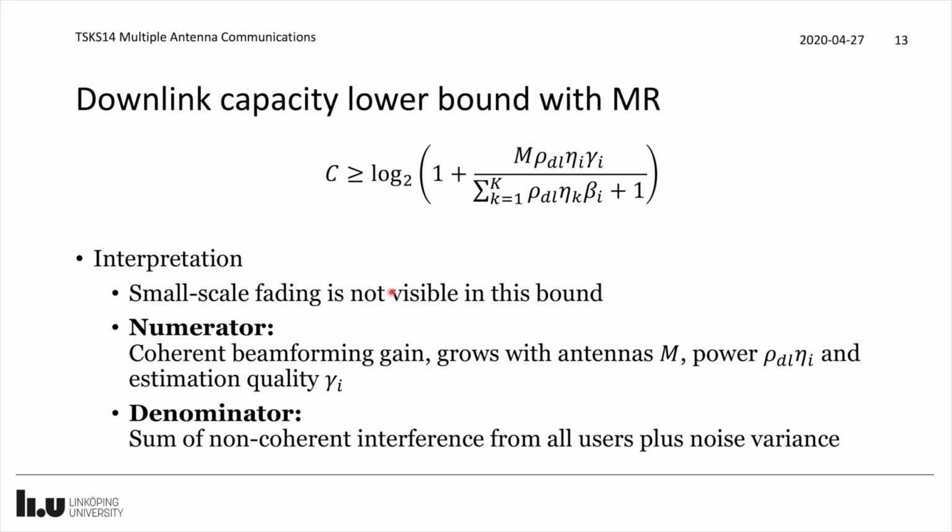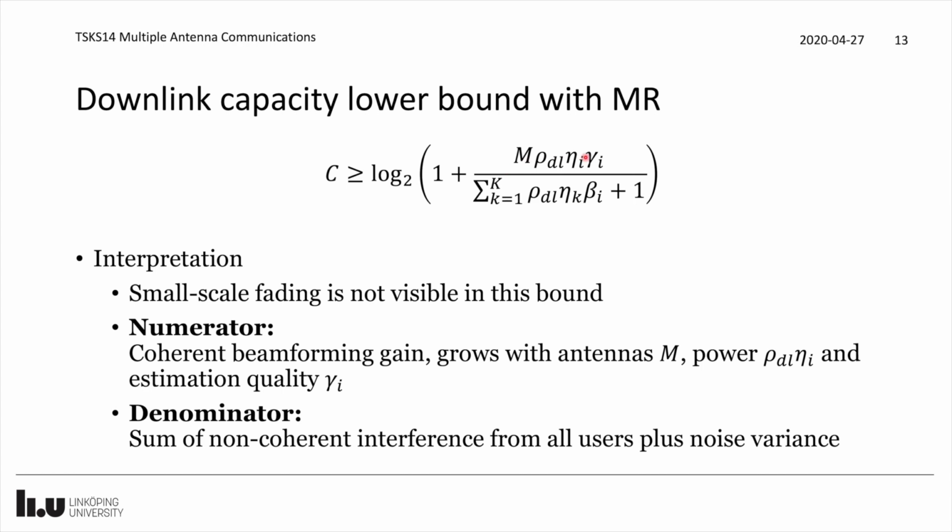Then we can understand how the system works. If we look at the numerator, we have a coherent beamforming gain, a term that is growing with the number of antennas M, which is what we were getting in the MISO cases earlier. But now we have multiple users, and we can still achieve that beamforming gain.